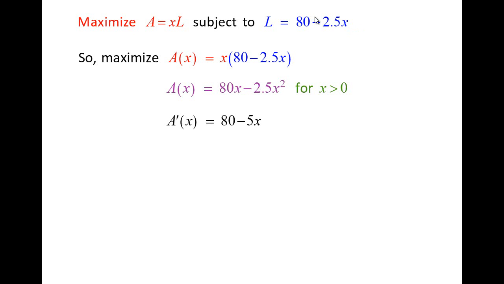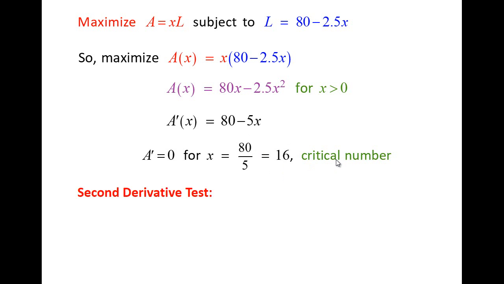Because the derivative here would be 80, the derivative here would be 2.5 times 2, that's 5 times X, and the derivative is 0 when X is 16. So that's the critical point, and we got only one critical point. Now let's apply the second derivative test.